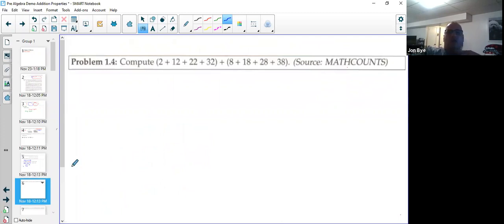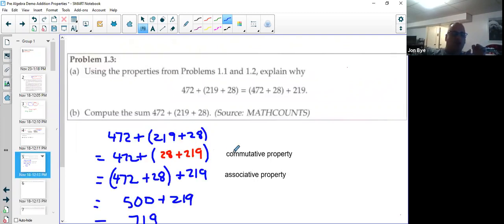All right. Often, once we know that those properties work, we don't have to go through the list every time to say, okay, I can commute this and then I can reassociate with that.